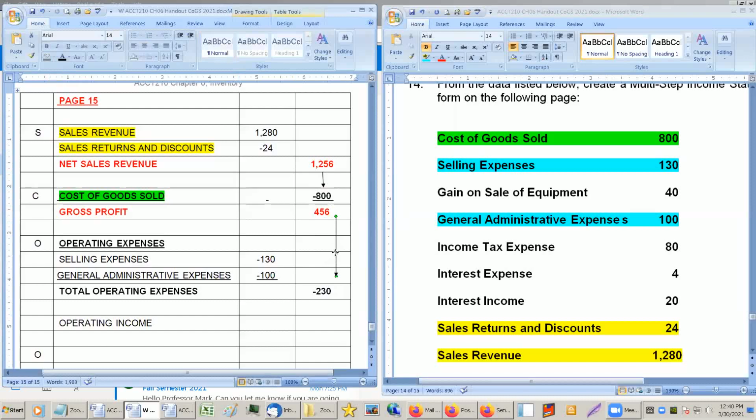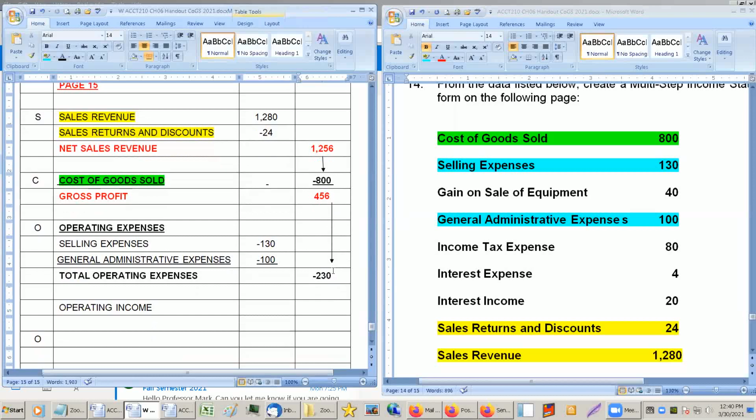I'm having a real tough time with this arrow thing. All right. So 456 minus that equals 226.